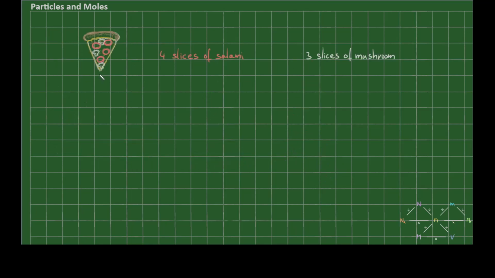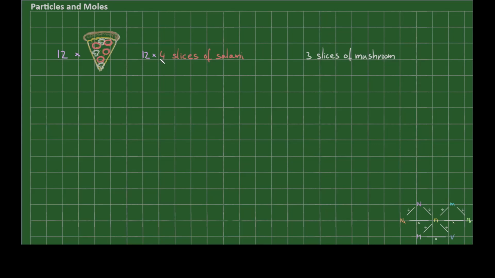In this particular case, I could say that the pizza slice contains 4 slices of salami and 3 slices of mushroom. I could also express this slightly differently. I could say the particle type pizza slice contains 4 particles of salami and 3 particles of mushroom. What happens if I have 12 slices of pizza? Well, in that case, everything needs to be multiplied by 12.